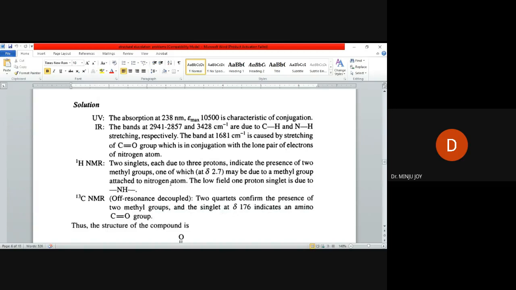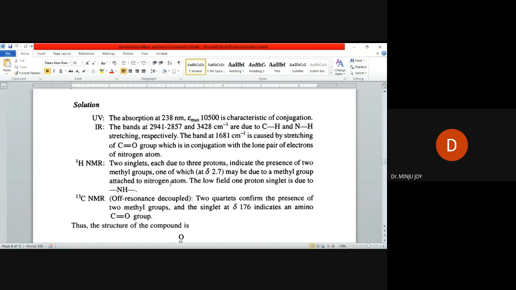The absorption value 238 with a high epsilon max indicates conjugation. And 2900 is due to carbon-hydrogen stretching, 3400 is due to nitrogen-hydrogen stretching, and 1600 again corresponds to the carbonyl group. And the proton NMR value 2.7 is a methyl group adjacent to a nitrogen; only then does it give that value.